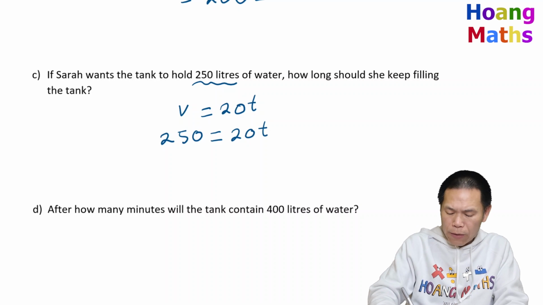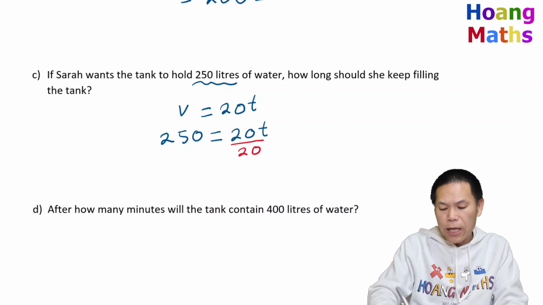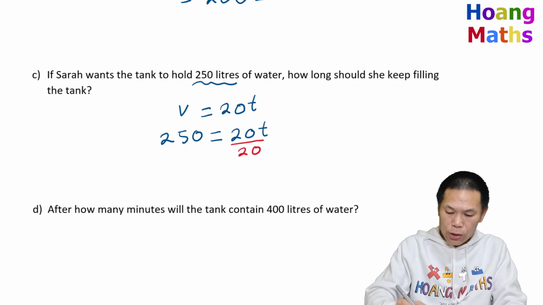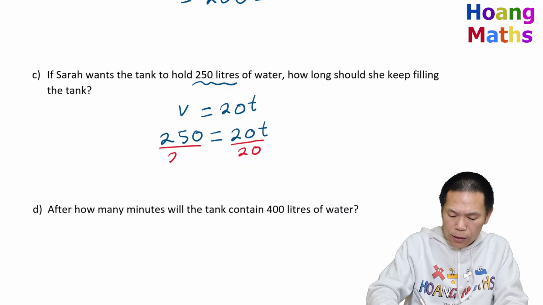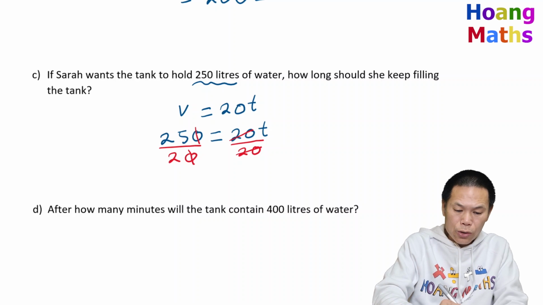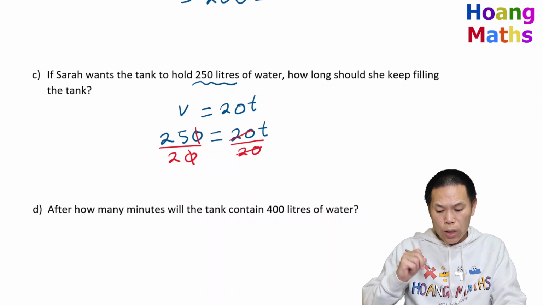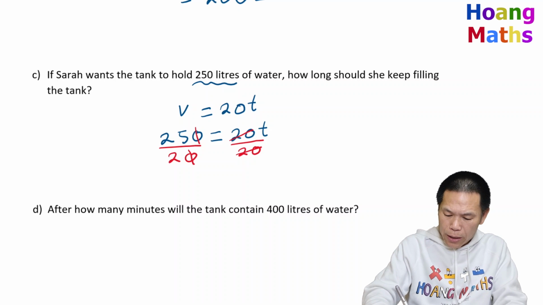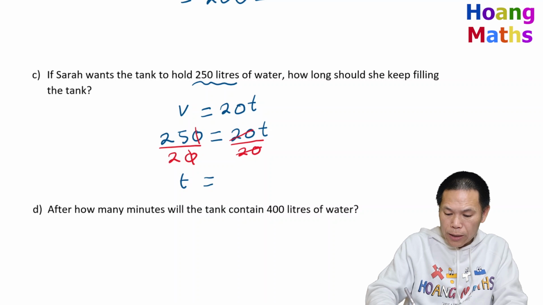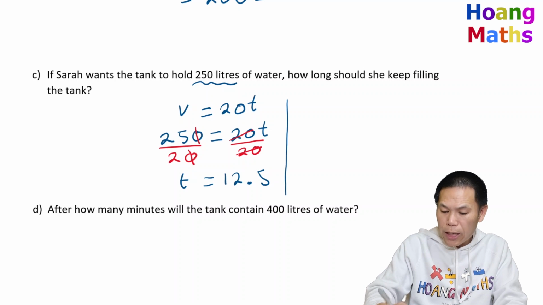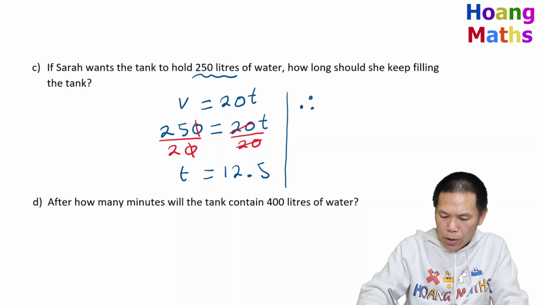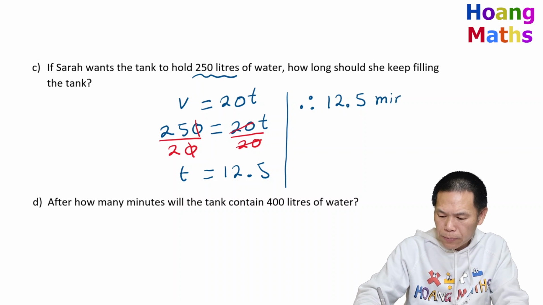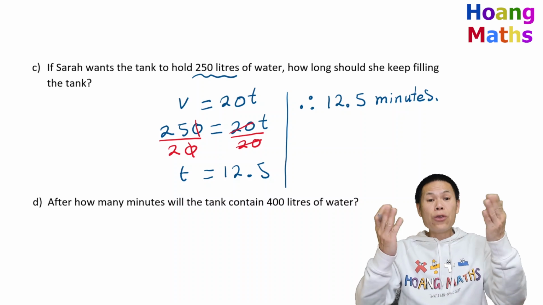So I just divide by 20 on both sides because I need to solve for T. So that cancels out, that cancels. So 25 divided by 2 gives me 12.5. So T is 12.5. So therefore, 12.5 minutes. So there you go.